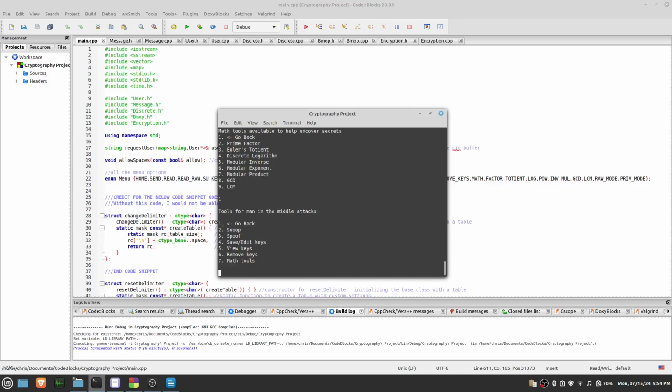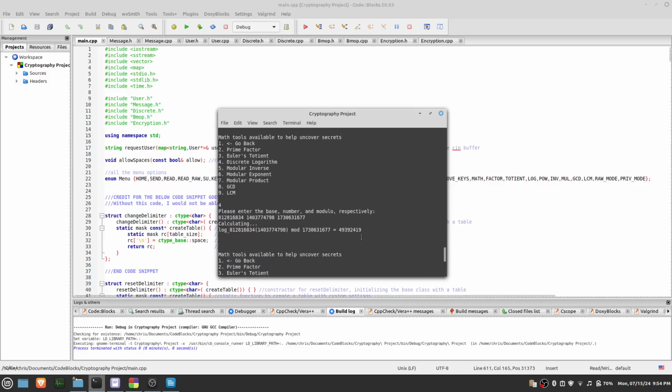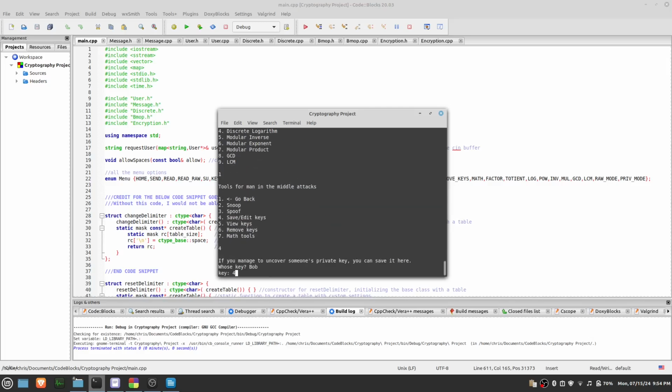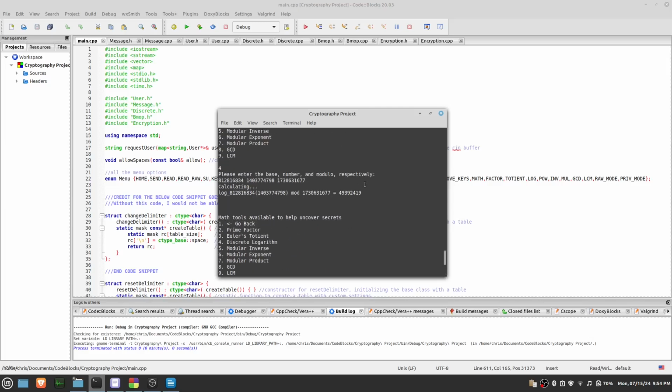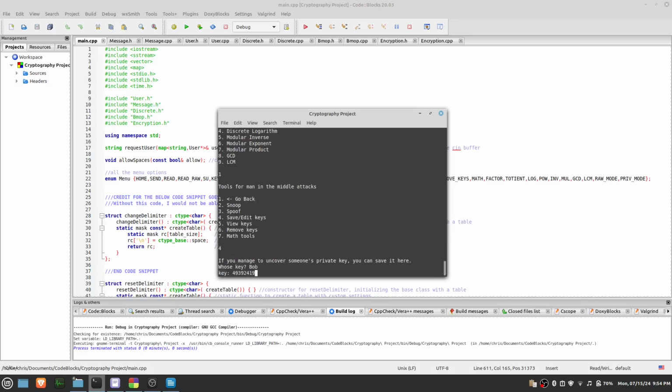So let's go back and we're going to save Bob's key to equal 4939 2419. And let's see if that works. It most certainly does. And now we're going to send a message to Alice from Bob saying, "You are a terrible friend."